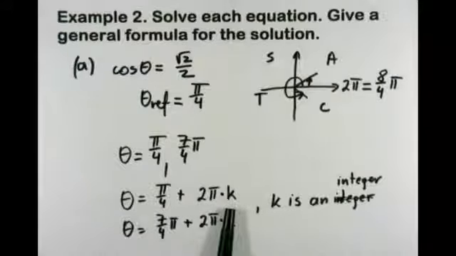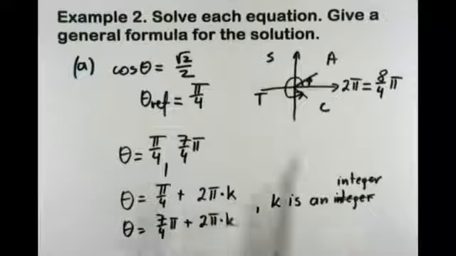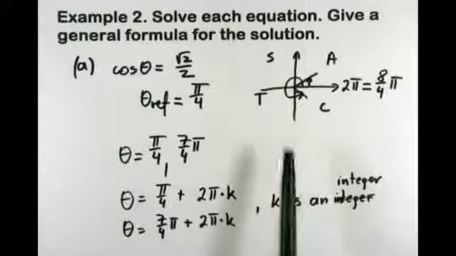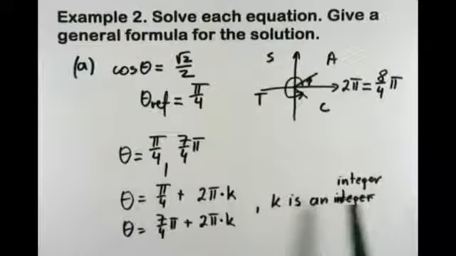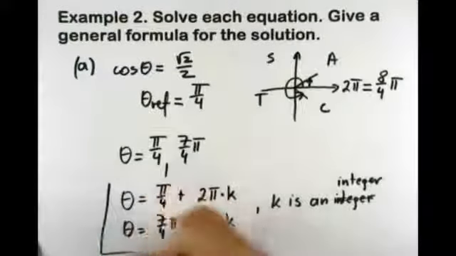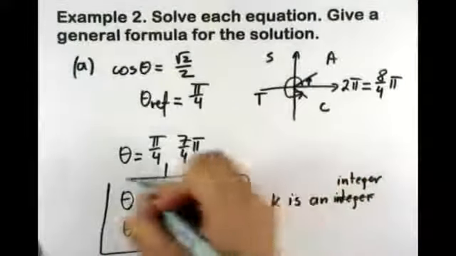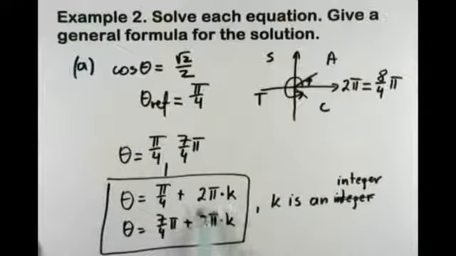An integer can also be a negative number, because we know that the cos function goes in the positive and negative direction as well. So those two are the general formula for the solution. Basically it goes with the period, plus 2 pi times k.